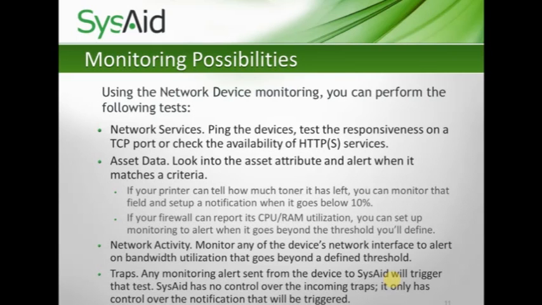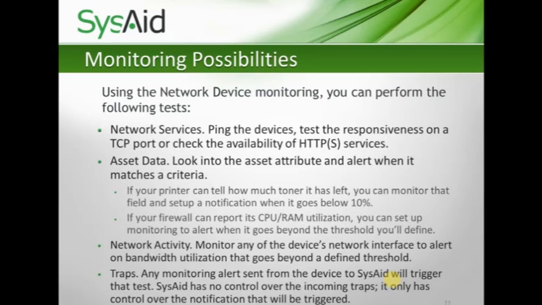So if that's a login page and it has a field for username and a field for password, you can monitor the HTTP service and try to find the phrase username. And if it's not there, if the site is down, if you're getting a 404 message, which means the web server is up but you can't get to it, then HTTP service will alert you that it can't find the phrase username on that page and trigger the notification of your choice.